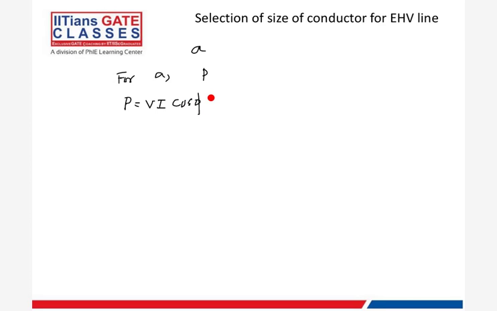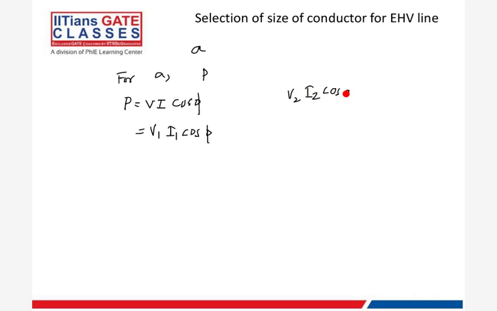Suppose we have one voltage level, so V1 I1 cos phi, right? And suppose now we have a different voltage level, say V2, so that would be V2 I2 cos phi.